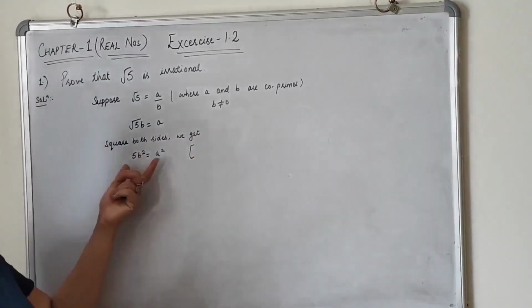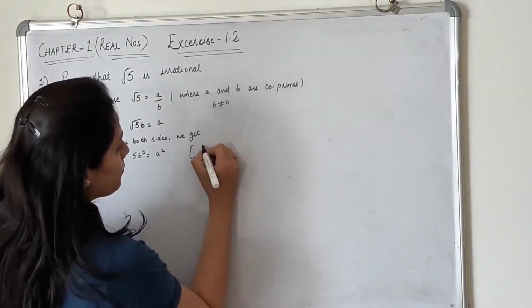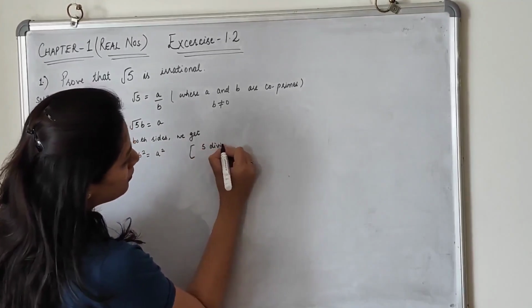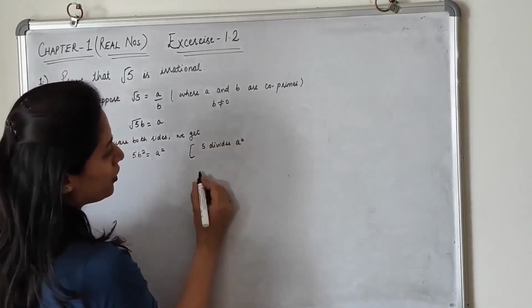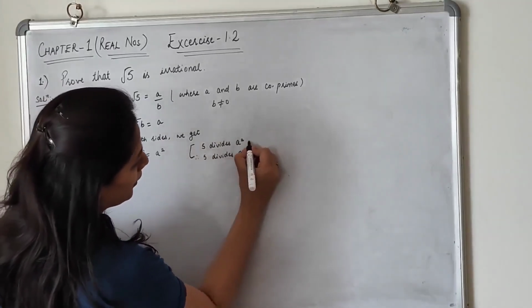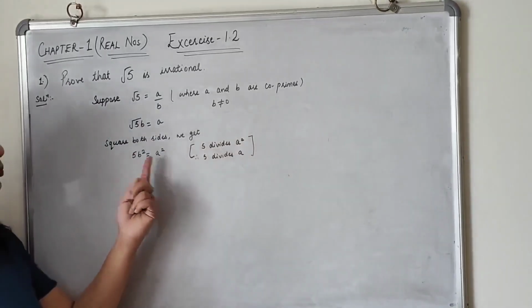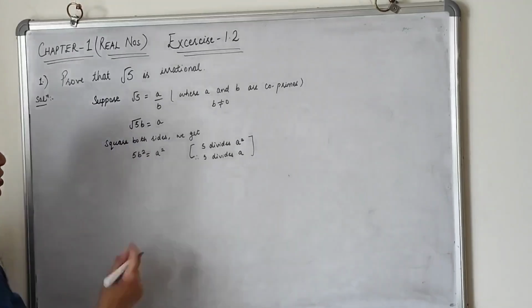So from this equation, what do we observe? A square is divisible by 5. 5 divides A square, therefore 5 divides A. And here A is any positive integer.